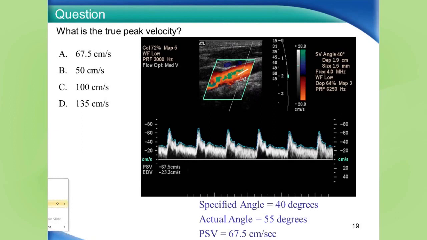Whereas it says that the Doppler angle is 40 degrees, I will tell you that if I went back and remeasured it carefully, the actual angle is 55 degrees. And it says that the measured peak systolic velocity is 67.5 centimeters per second. So my question to you is, what is the true peak systolic velocity? Is it 67.5? Is it 50, 100, or 135?